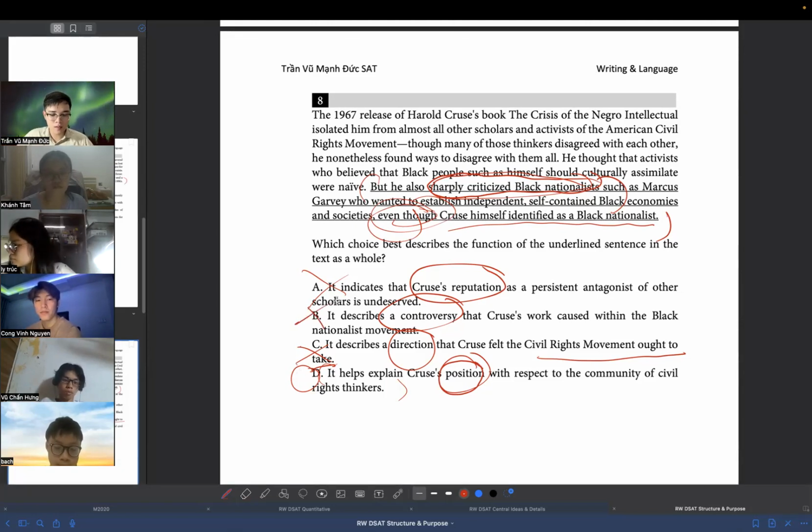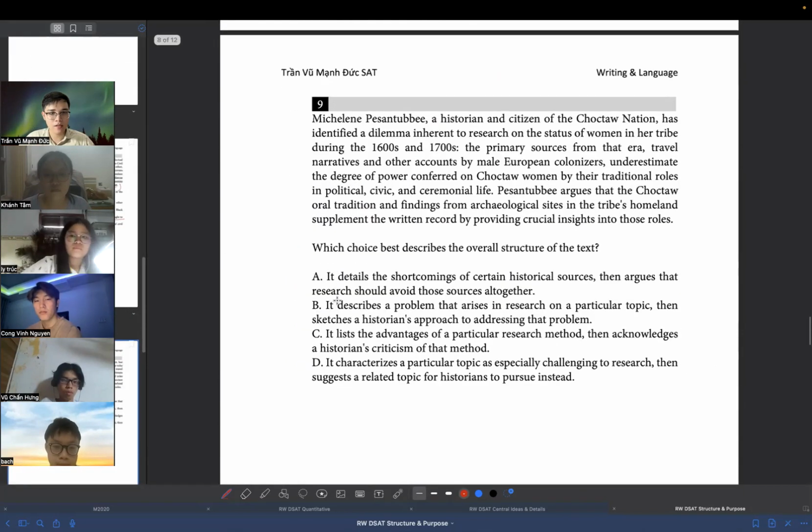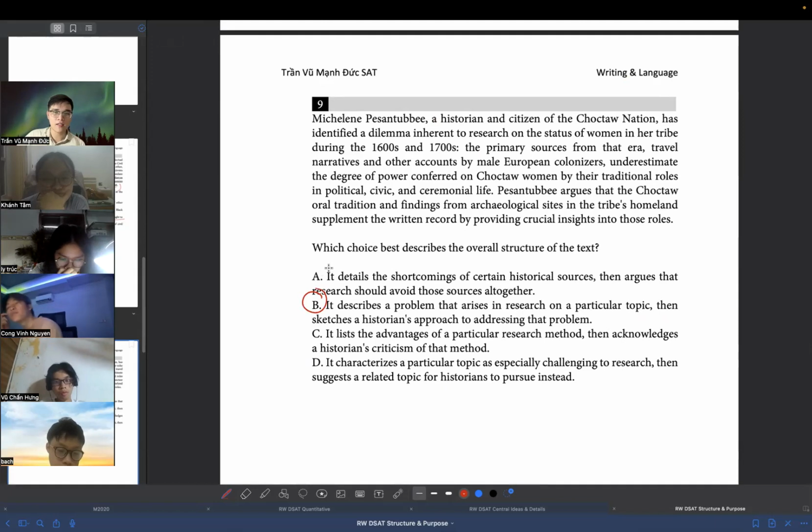Very good. Next up, let's back up to number 9. I choose B. It describes a problem that arises in research on particular topics, then sketches a historian's approach, right? Because we've already grasped the gist of this kind of question, I'm going to move a bit faster. The historian has a dilemma, exactly.